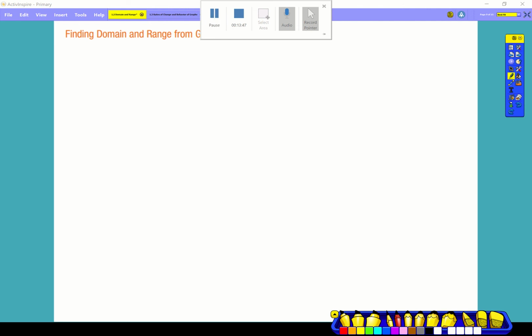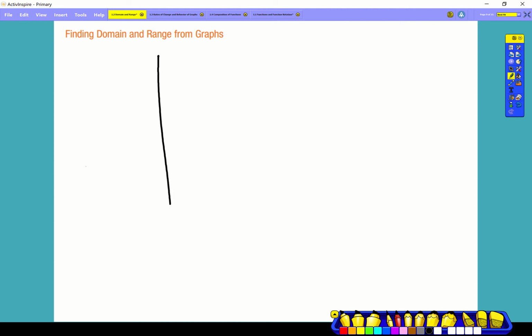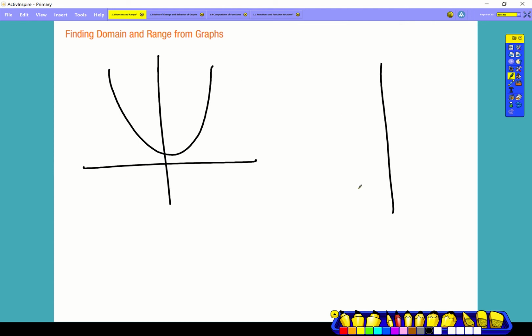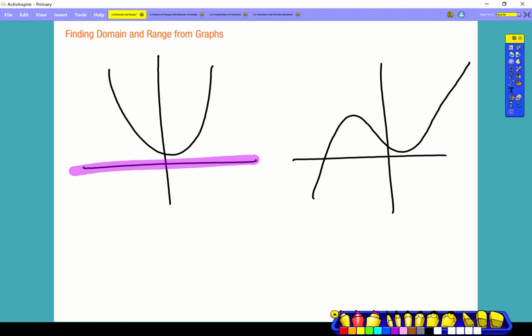Finding the domain and range from a graph. So let's say we have this function, or we'll go with this weird one again. So the domain, let me see. This right here, all of those values, that's your domain, those x values.